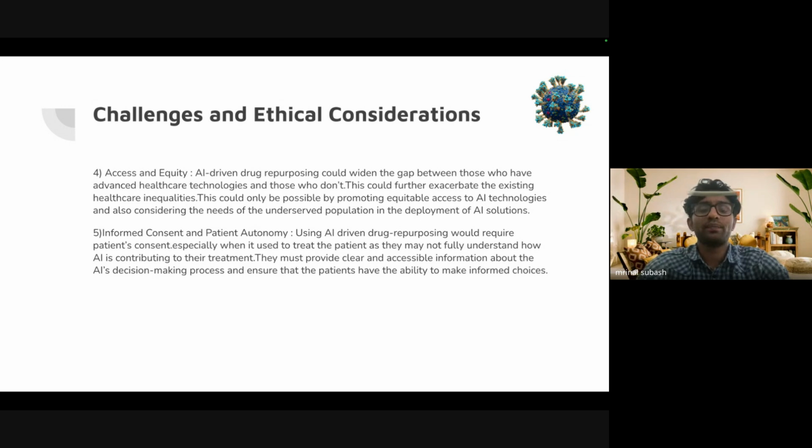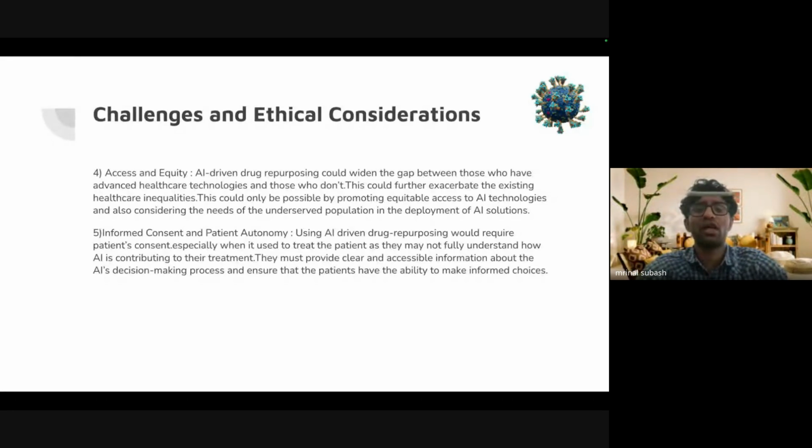But from another angle, we can see that it can exacerbate the existing healthcare inequalities. There are a number of laws that govern when we pass a certain drug into the market.